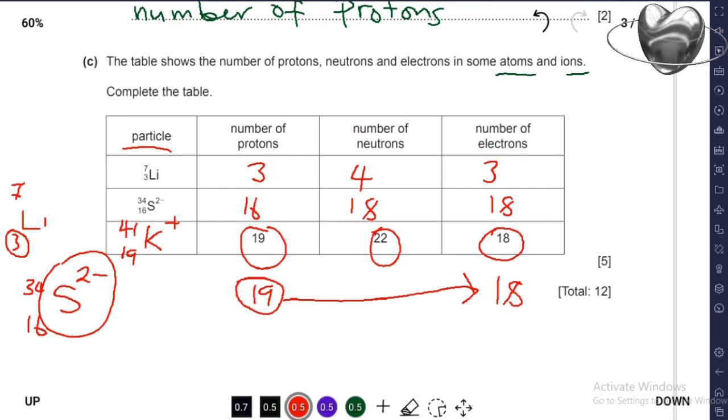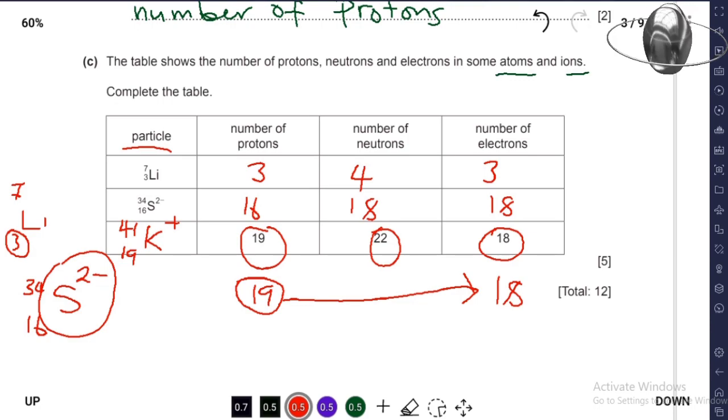Looking closely at the periodic table, potassium has a mass number of 39, not 41. But in this case, what was used was an isotope of potassium, potassium-41. So this is correct.